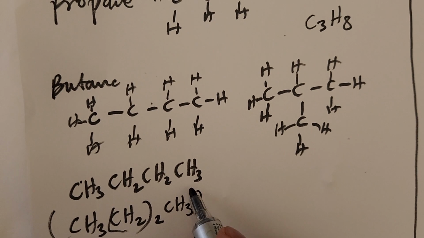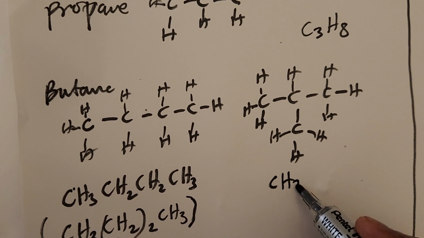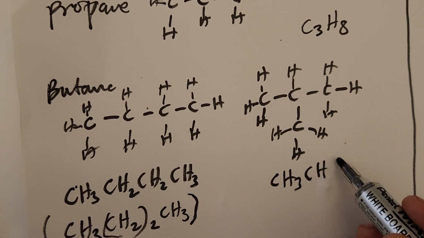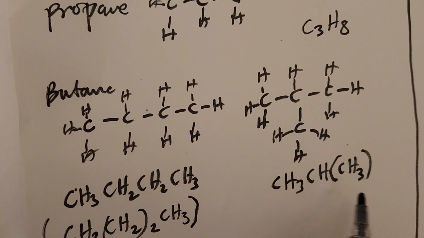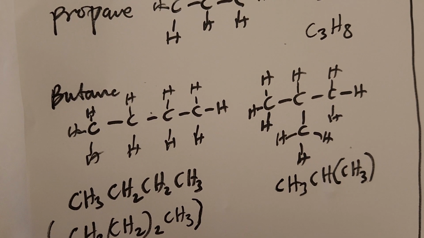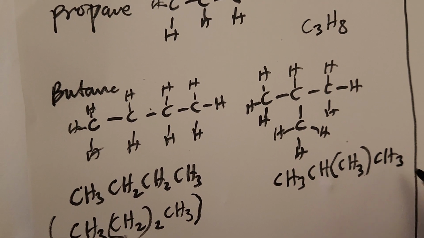Also this one is okay, very clever. And in this case it will be CH3 CH in brackets CH3. I think you get the difference between this one and this. This one now is a branch. This is just multiples of CH2 and then CH3.